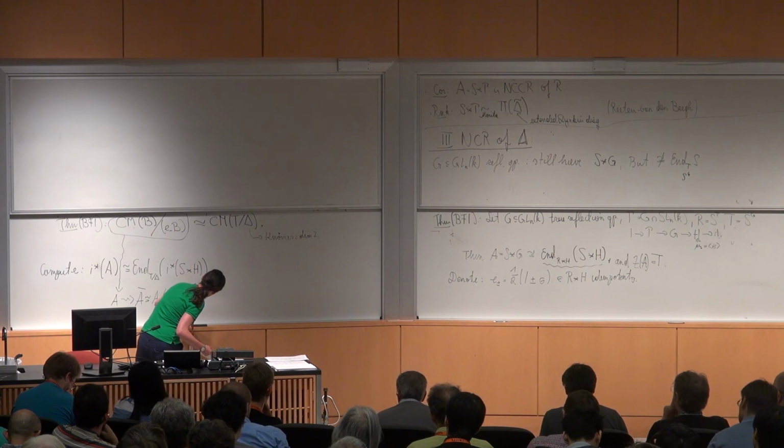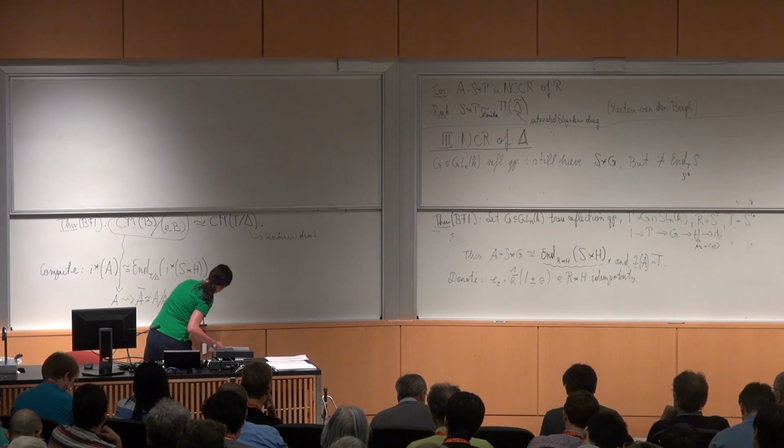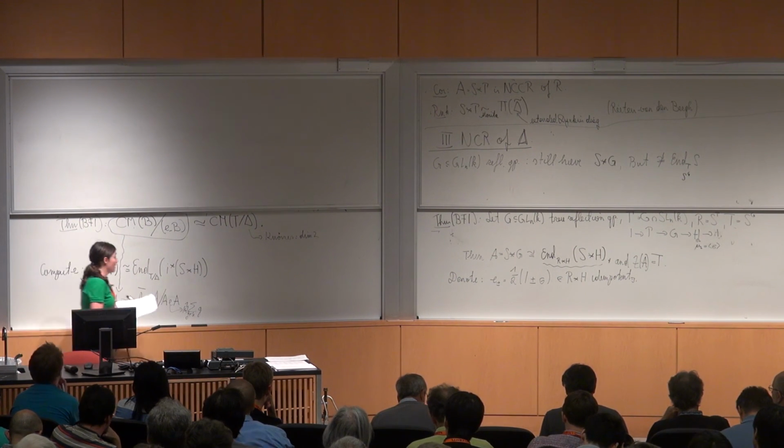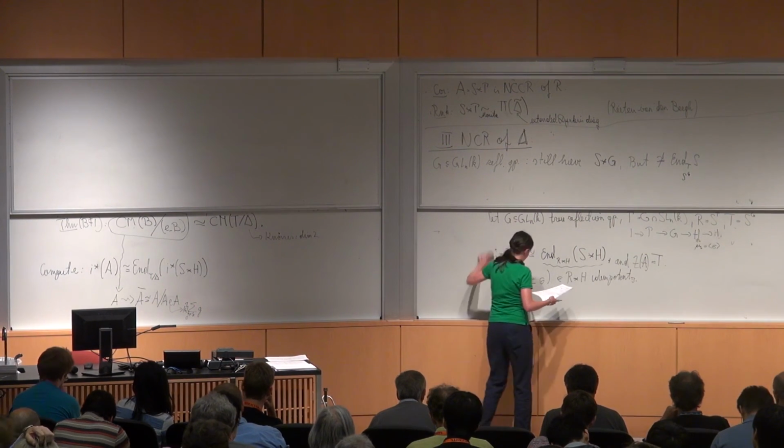So this is just 1 over the order of the group, and then I take the sum of the g's. Okay, so we have 4 minutes left, I guess.